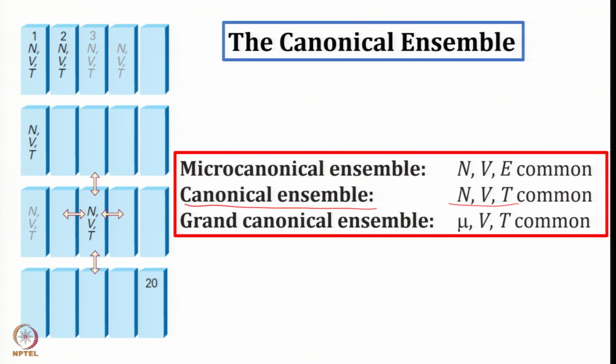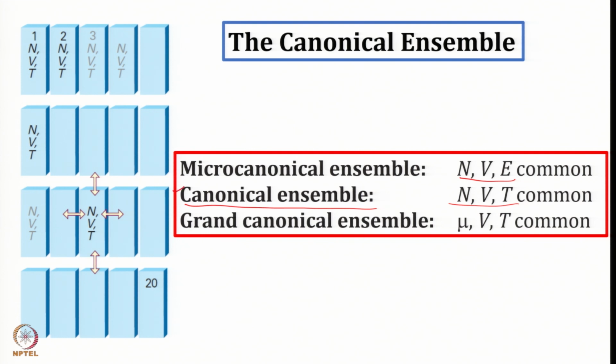Therefore, we based our further discussion on the canonical ensemble because we did not address the interaction between particles to a large extent. We introduced the concept of the microcanonical ensemble in which NVE, energy is the same. NVT means temperature is the same, energy need not be the same. Molecules can interact, let the energy be exchanged between different members.